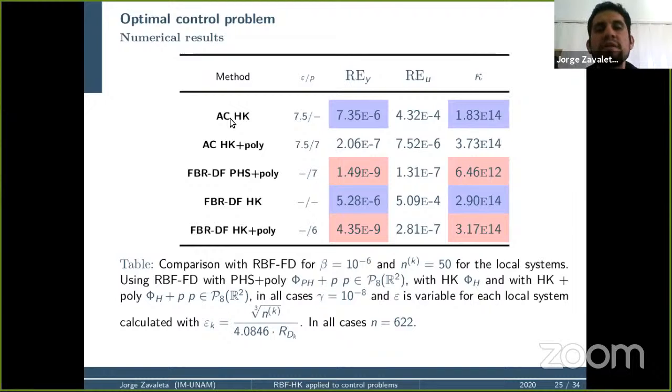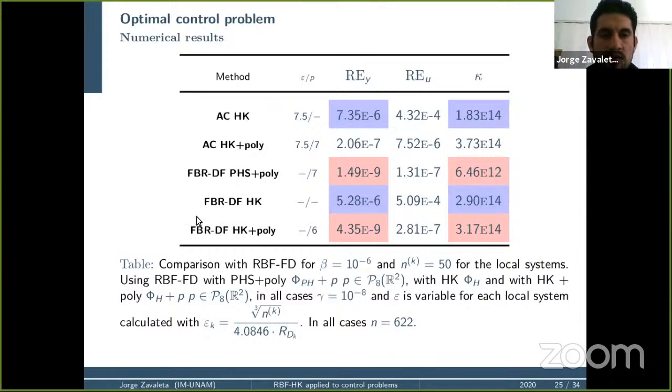Mainly we expect global methods to be more accurate than local methods, but here we can show that global methods and local methods have the same accuracy and also the same condition number. In this table, we are choosing the shape parameter with my estimate of the shape parameter, so it is variable for all the problems.